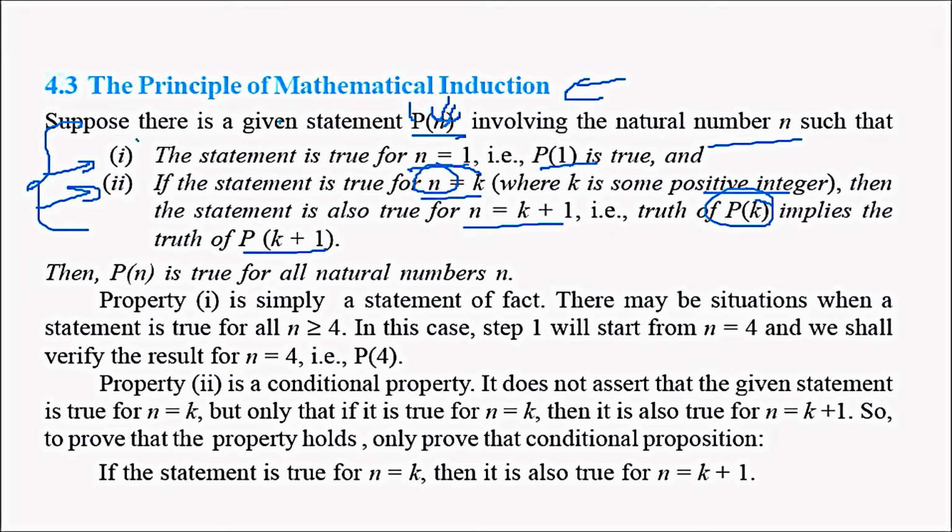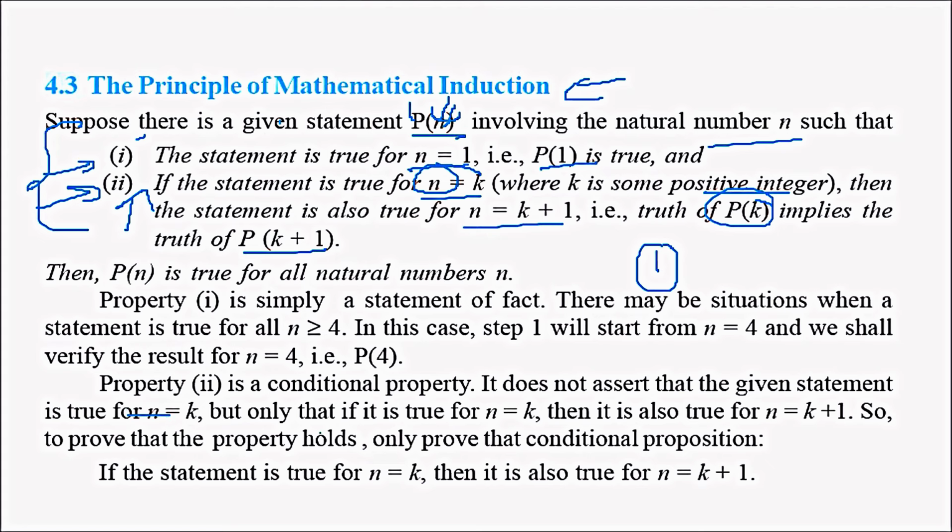This first property is actually the statement of fact, that it is going to happen for this. So let us start, and if in the first verification step we say it worked for 1, okay, now it is good, let us go ahead. And the second property is known as the conditional property. Why is it a conditional property? Because it is not going to assert that the given statement is true for n equal to k.